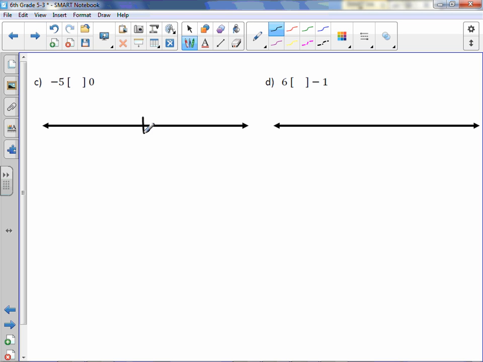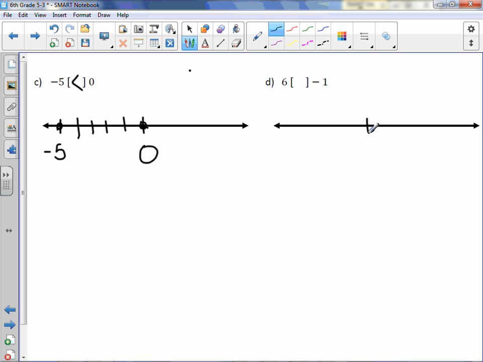Next, -5 and 0. Here's 0, -1, -2, -3, -4, -5 is right there. 0 is right here, which is further right. So 0 is bigger. -5 is less than 0.